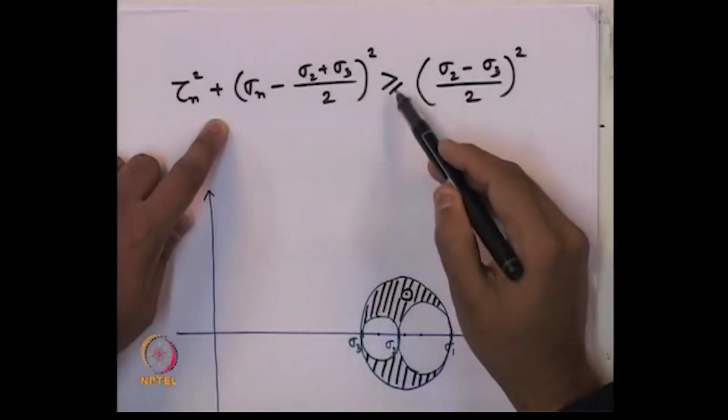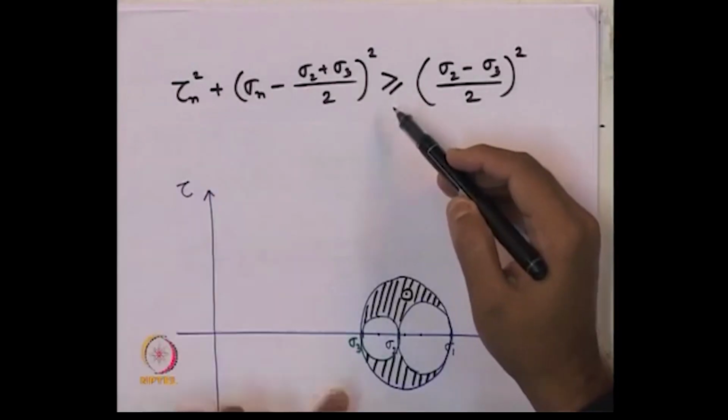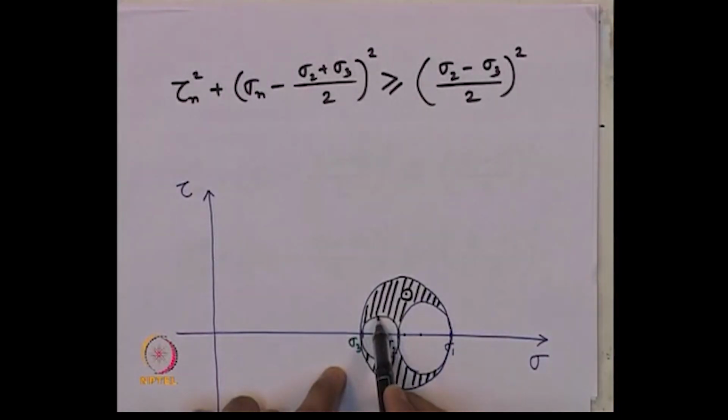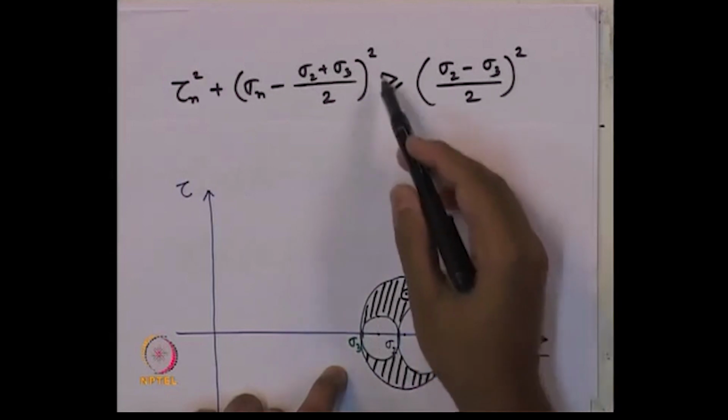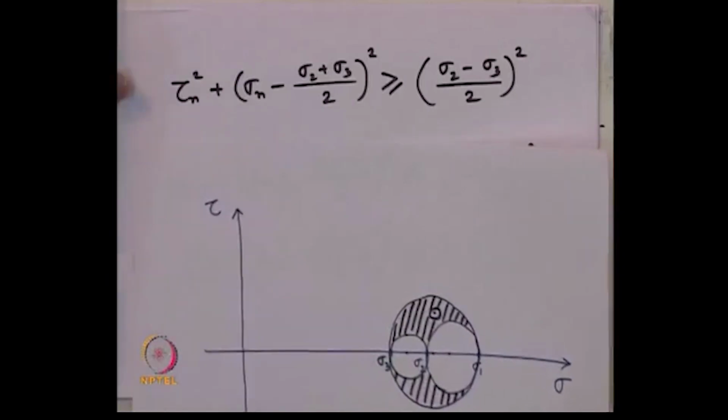That is what this inequality sign denotes, right. Equal sign shows that point can lie on the circumference of the circle, the greater than sign denotes the point can lie outside the smaller circle between sigma 2 and sigma 3. Clear?